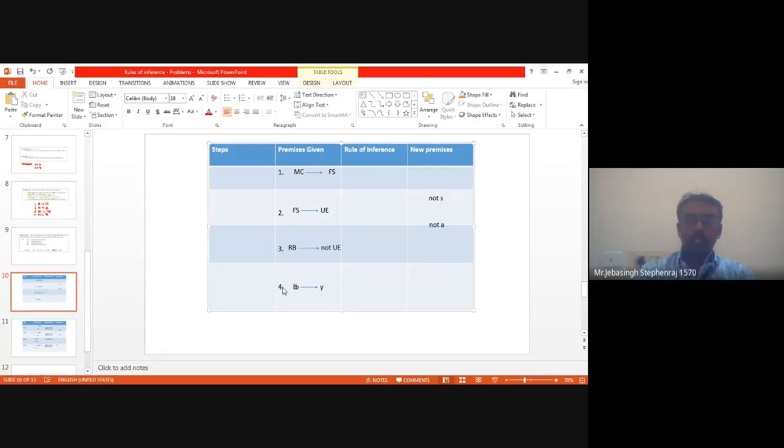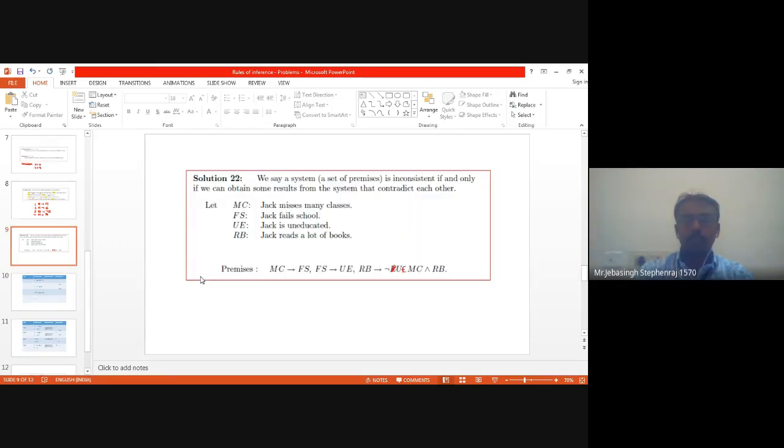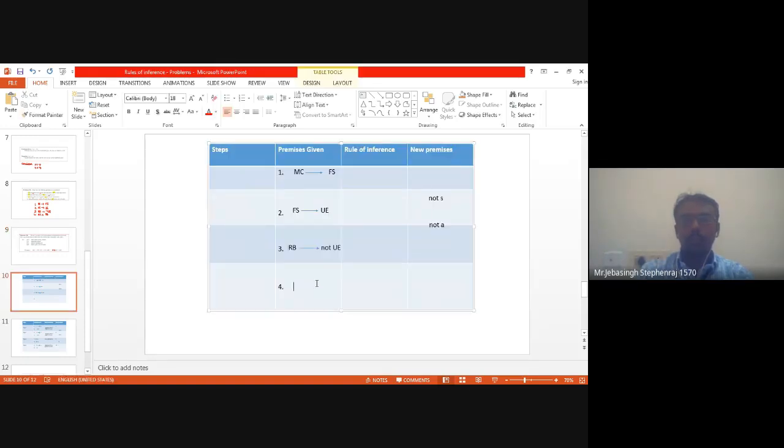The fourth statement is the AND statement: MC and RB. For the AND symbol, I'm just using the symbol. So these are the four premises given in the question.